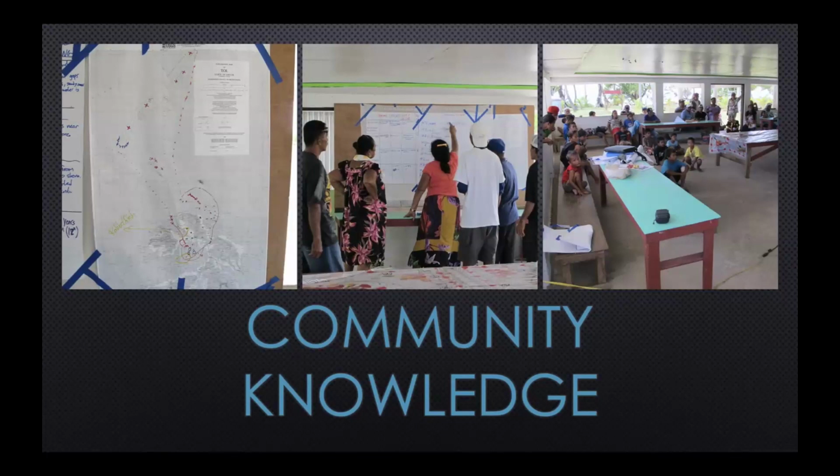And you can see from the picture on the right, we also made sure that we had the youth participate. We had children who participated and got to vote. We had women, we had fishers, we had farmers, we had traditional leadership, as well as the leadership of the community. So when we were developing objectives, we used stickers so that people could vote on what were the things they were most concerned about.